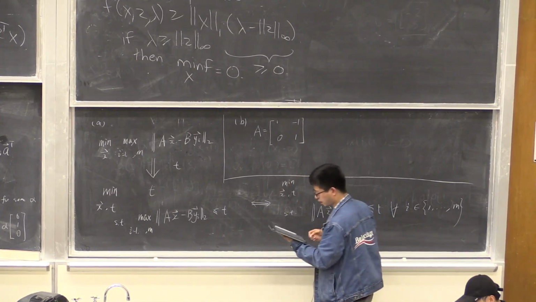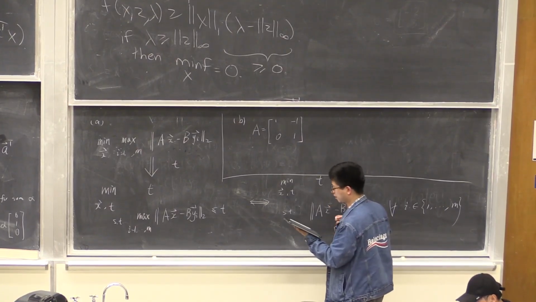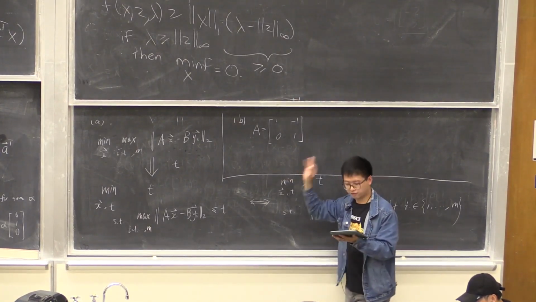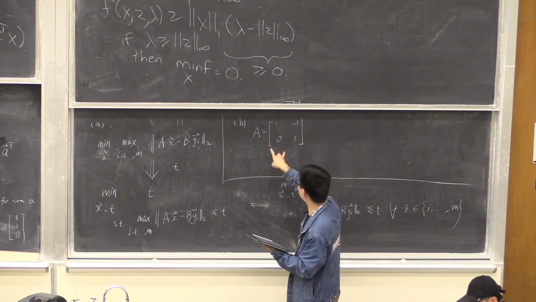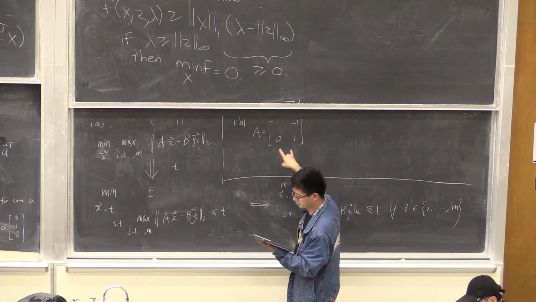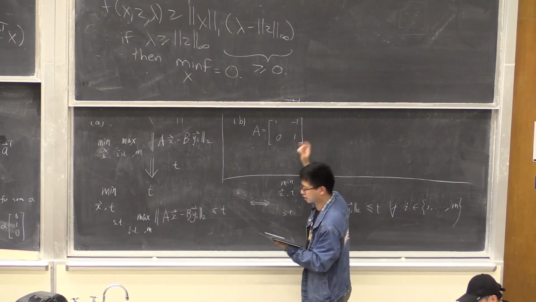And we have a hint here. It's saying you can modify this objective to make this A matrix into something that is symmetric, right?